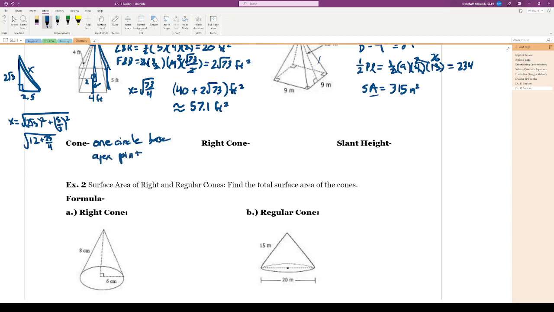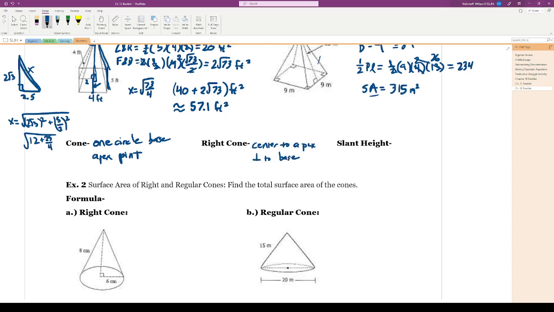Same kind of idea as it was for the pyramid. A right cone is the same idea, where the center of the circle to the apex, so center to apex, is perpendicular to the base.